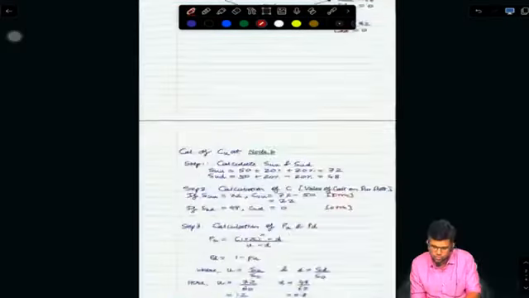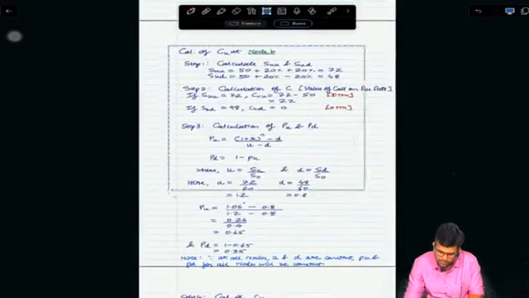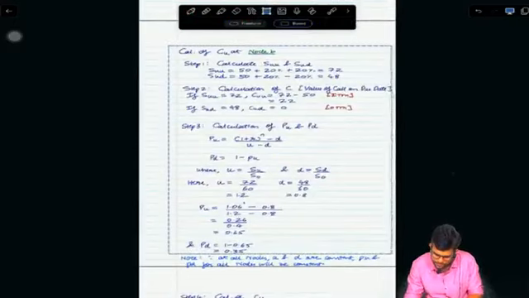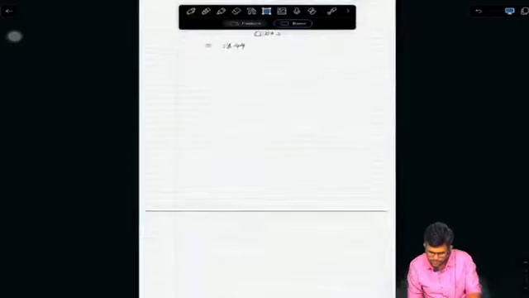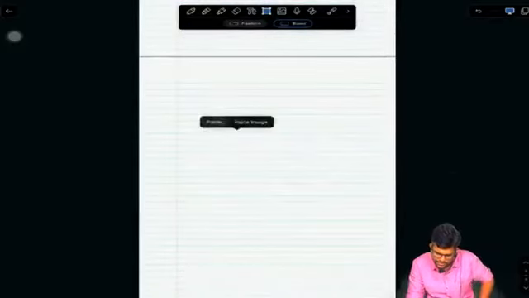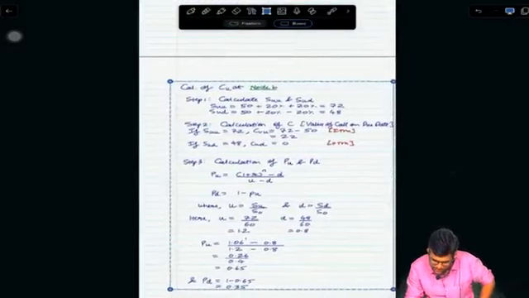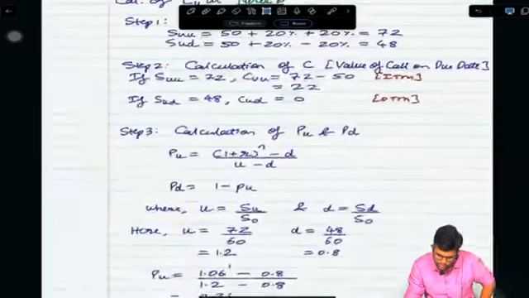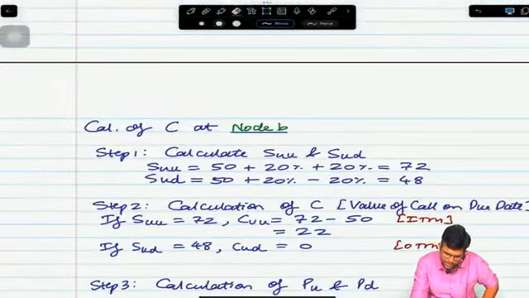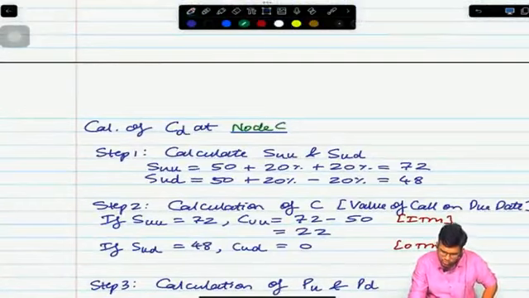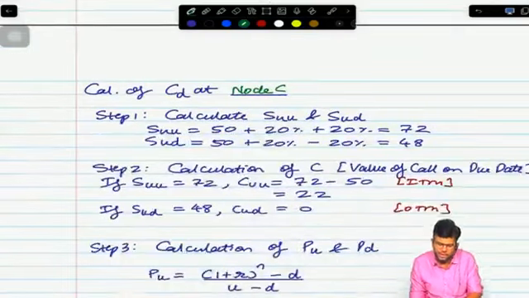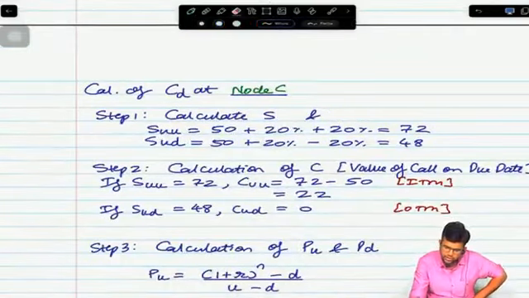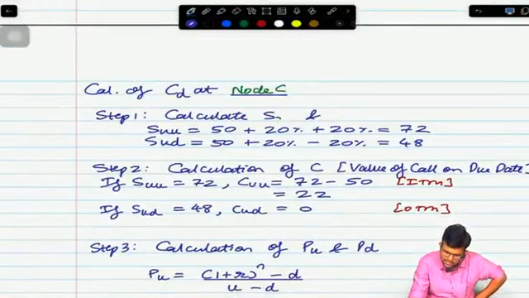Okay. So I'll just pick this up and I'll place it here. Calculation of CD at node C. Calculate S du and S dd.